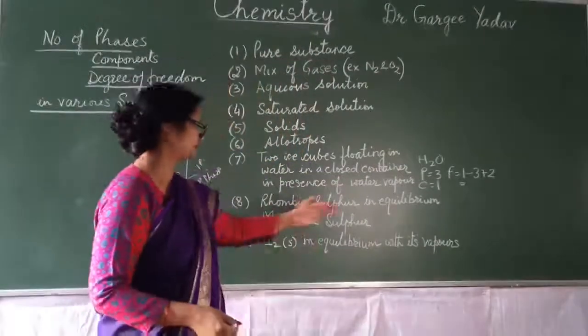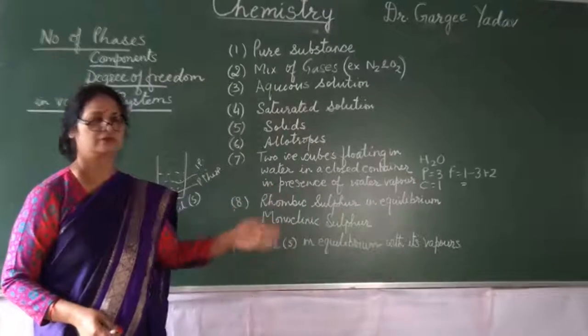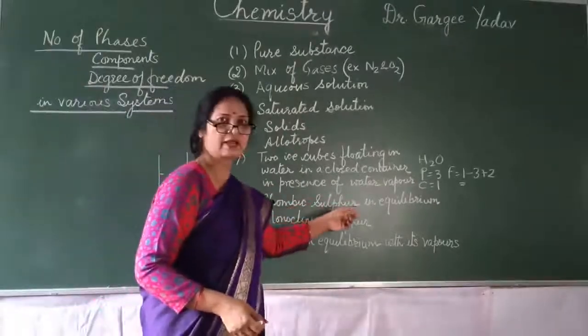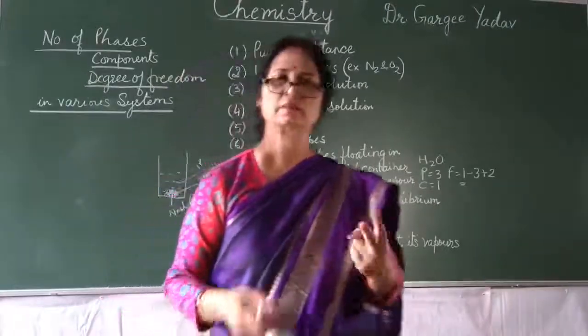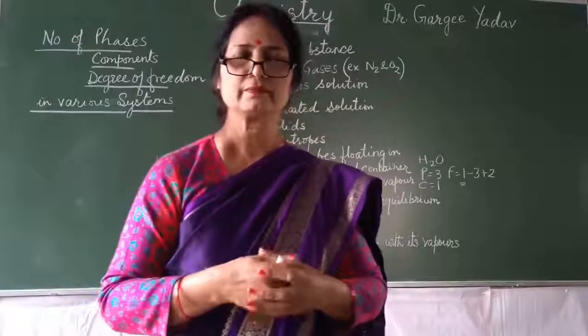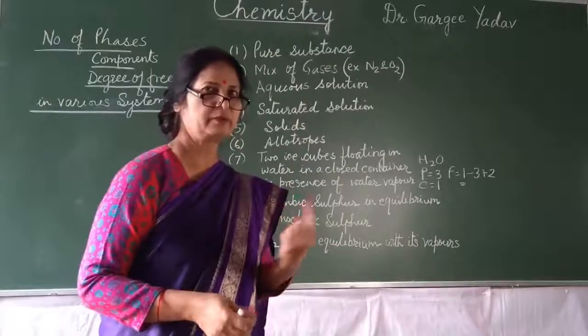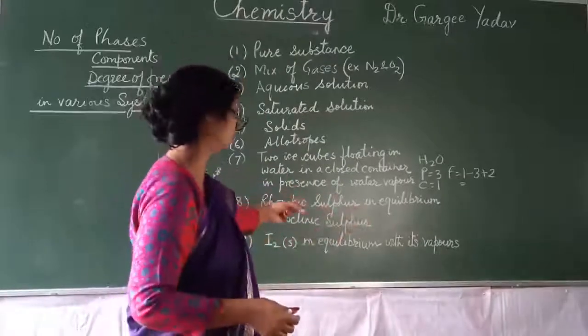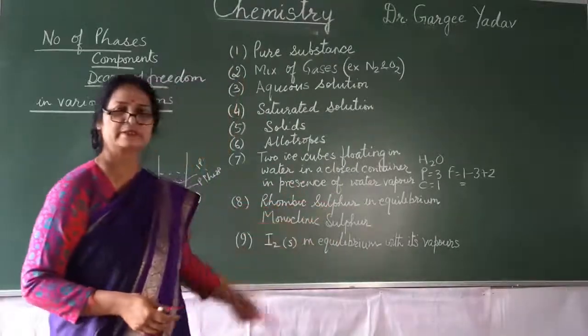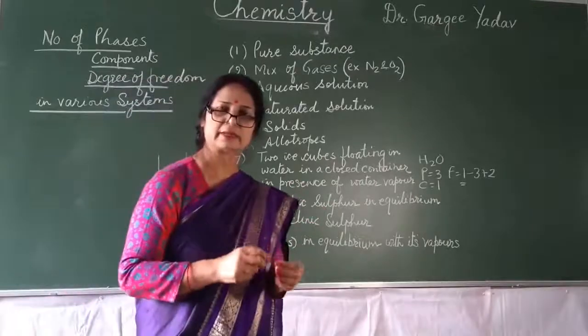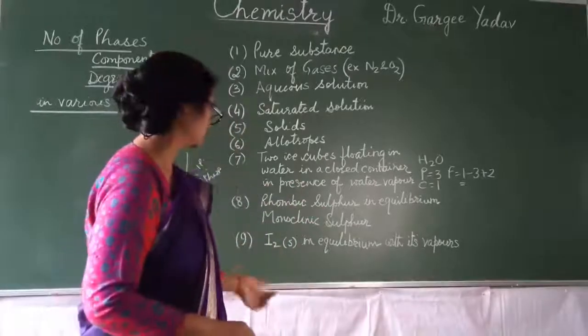The rhombic sulfur is in equilibrium with the monoclinic sulfur. So this will constitute 2 phases, because they are the allotropes of sulfur, and obviously the component will be 1. Why 1? Because both these phases are represented by a single chemical entity, and that is sulfur.